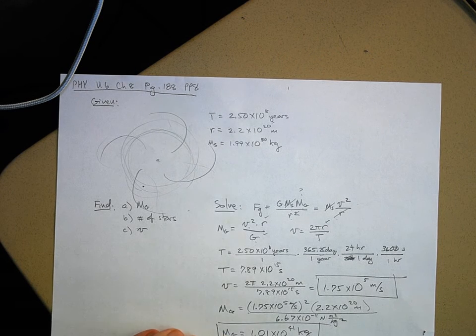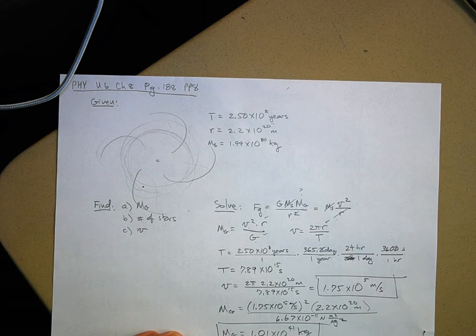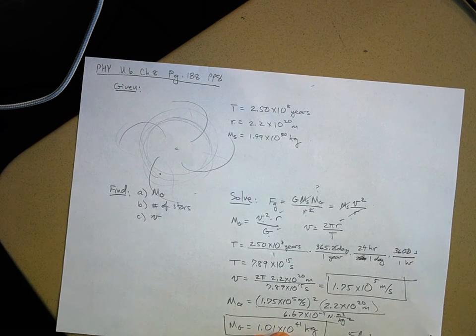Now, I'm almost out of time. Take that, divide it by the mass of the sun. So I'm going to divide that by 1.99 times 10 to the 30. And I get 51 billion stars.